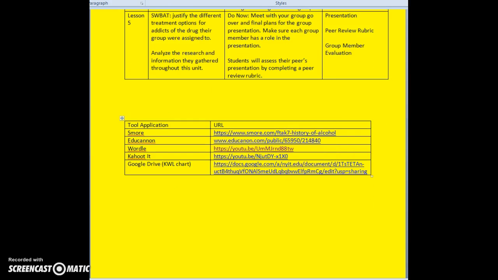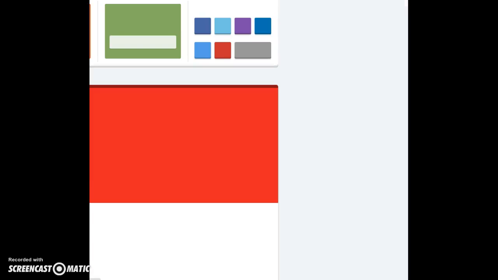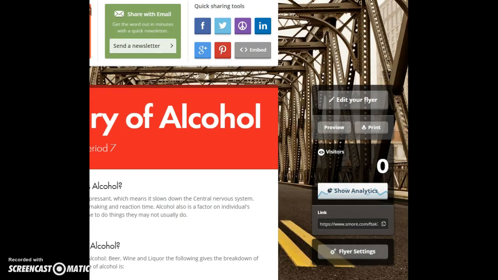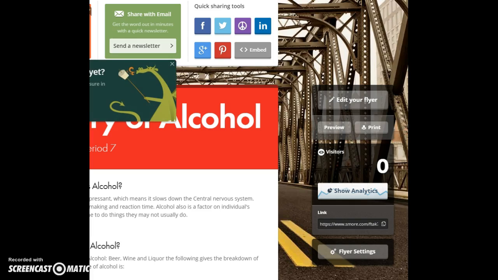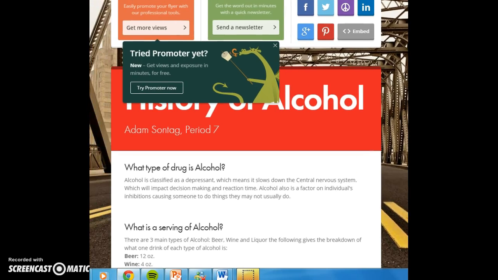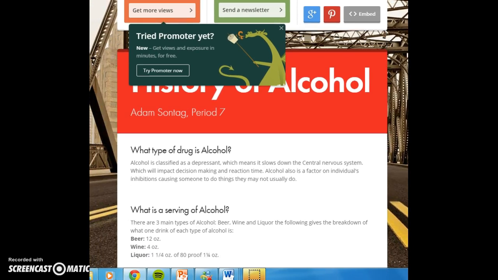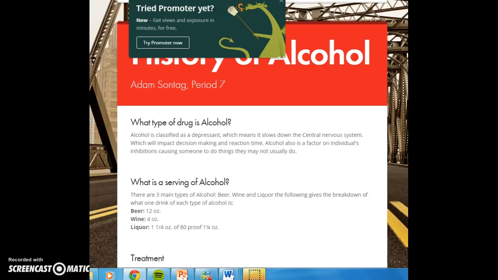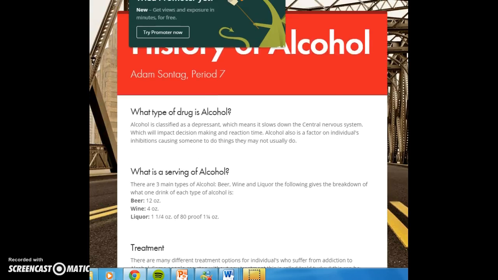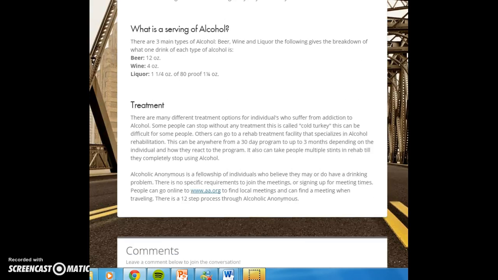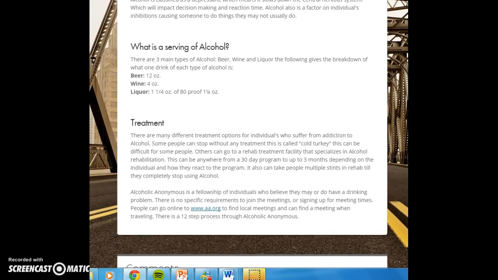Okay, here we have our different tools that are going to be used. S'more, which is a flyer. This is going to take us to S'more. And we have our history of alcohol. This is one that I've made. Okay, and this is what a S'more would look like. It's an online flyer that's available.